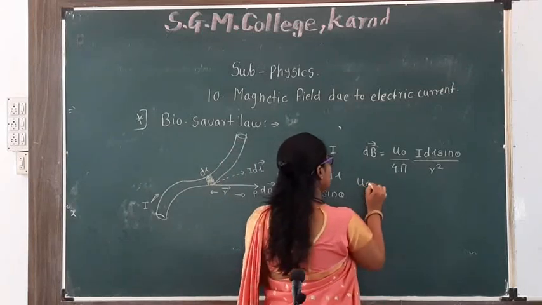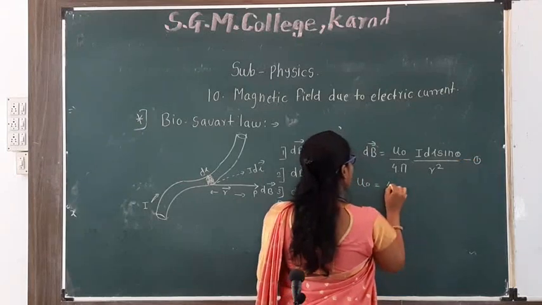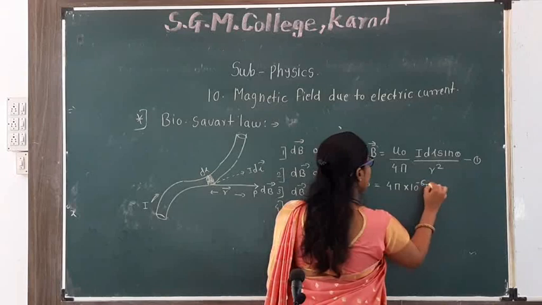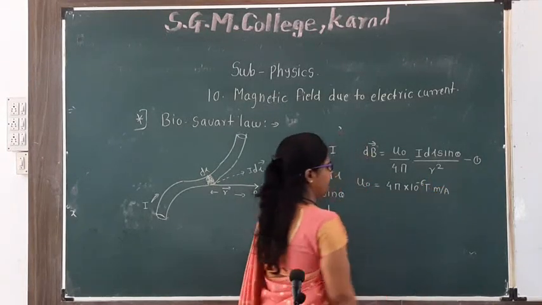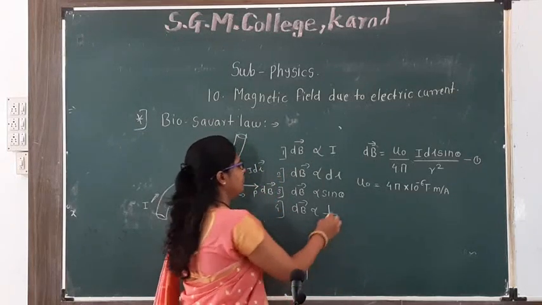Therefore, the value of mu 0 is 4 pi into 10 raised to minus 7, not minus 6, Tesla meter per ampere.